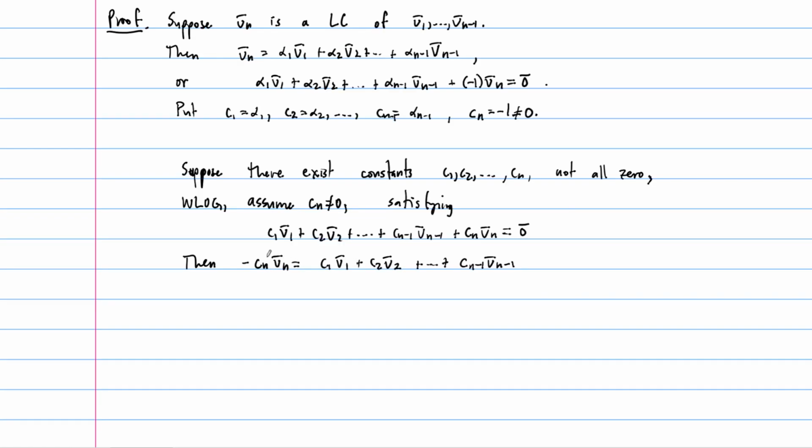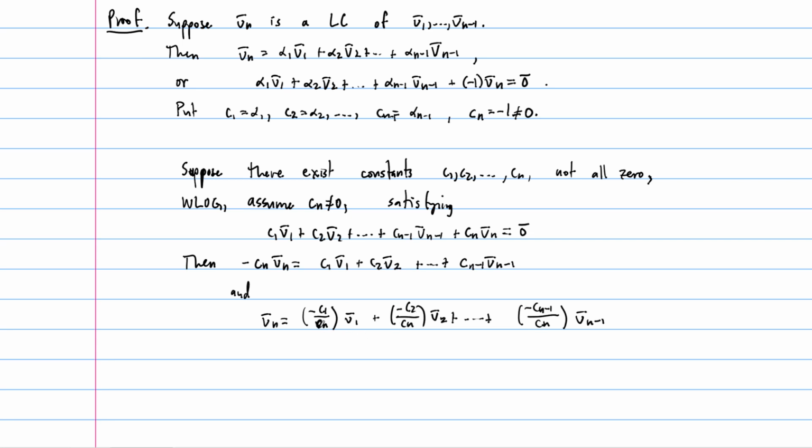All right, and then we can divide through by negative C sub n, because we've assumed that C sub n is not 0, and we can write the following. So V sub n is equal to negative C1 over Cn V sub 1 plus negative C2 over Cn V sub 2, all the way up through negative Cn minus 1 over C sub n V sub n minus 1. And so therefore, these are all constants, right?